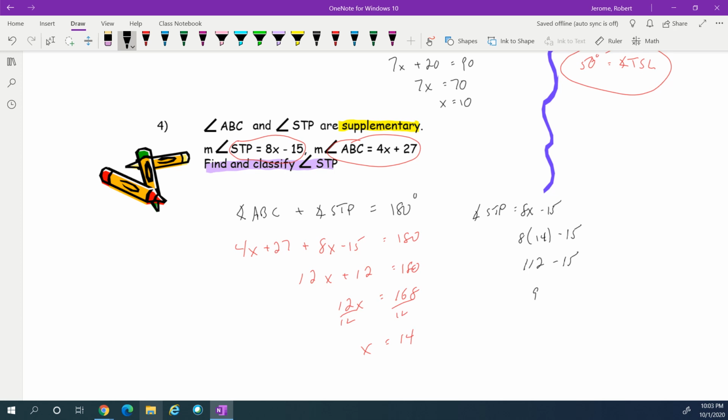And we get 97 degrees. So we found angle STP is 97 degrees. We were also asked to classify it. Classifying means what kind of angle is it? Well, it's an obtuse angle. It's greater than 90, but less than 180. So we get an obtuse angle. So this is all about vocabulary that we have to have pretty solid. All right, let's do some more practice.